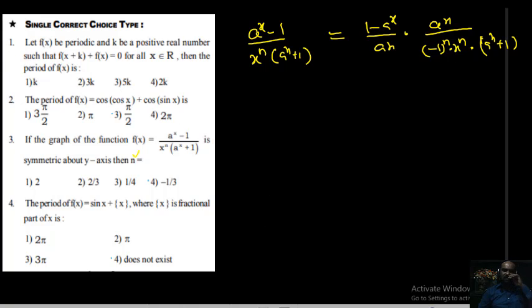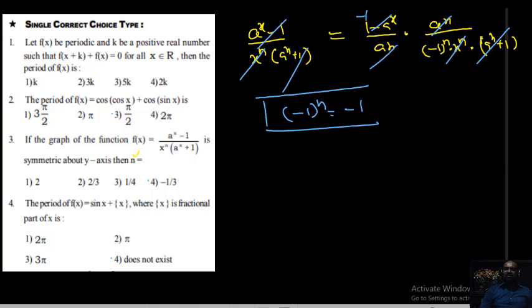Now some cancellations. The x power n cancels, this cancels, this cancels, giving minus 1. So what am I getting? Minus 1 power n equals minus 1.